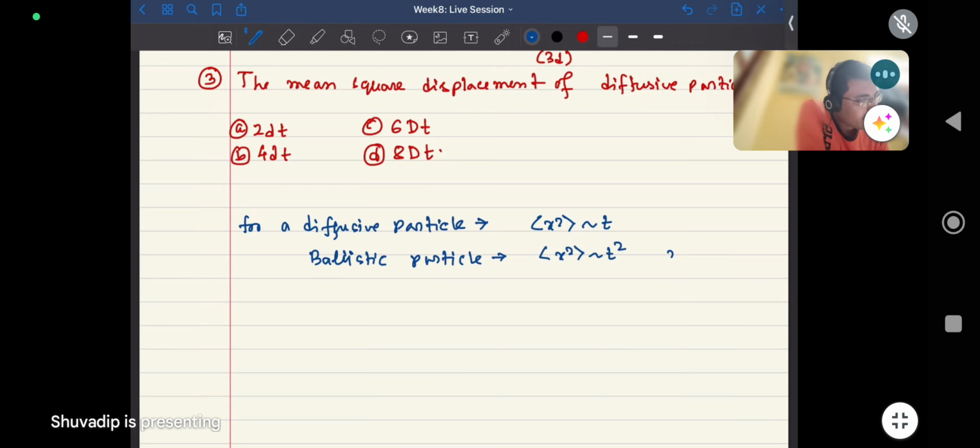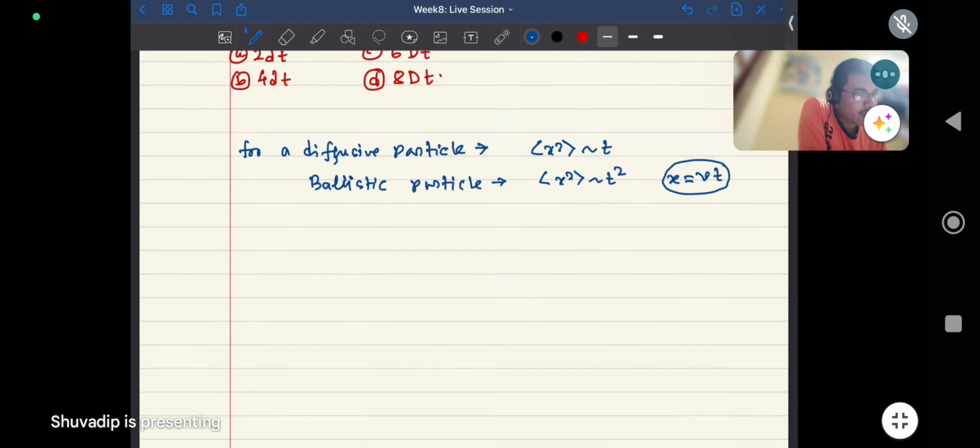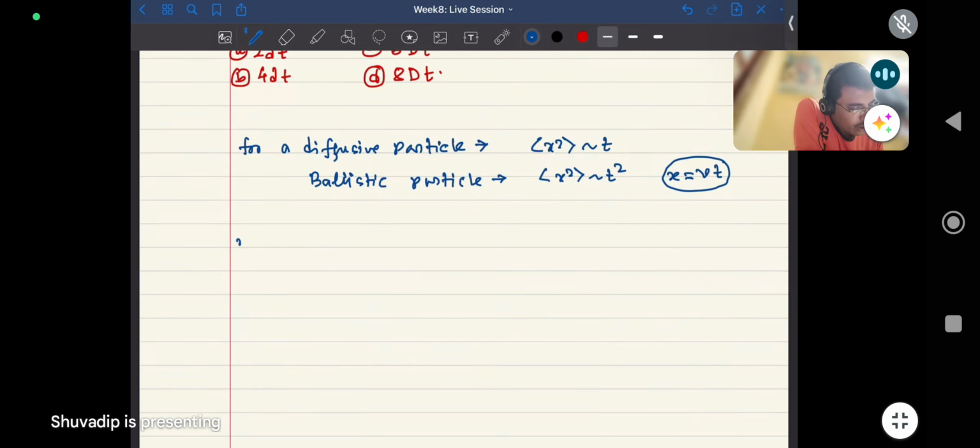Suppose some particle is moving at constant velocity, x is vt, so x square average has to be proportional to t square in that scenario. More generally, we can write that x square average is proportional to t to the power nu, some nu. Now if nu is equal to 0, that is the trivial case, a static particle, not at all moving.